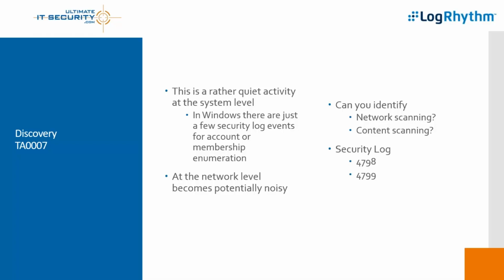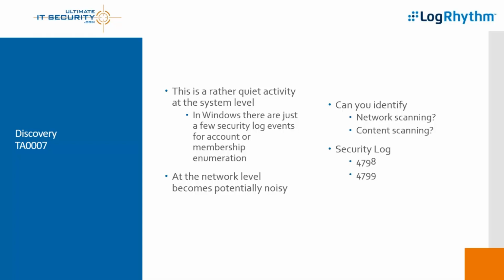That's tactic 7. This is another one that's pretty quiet at the system level. In Windows, there's just not a lot of events or audit telemetry that's going to tell you someone is looking around the system.